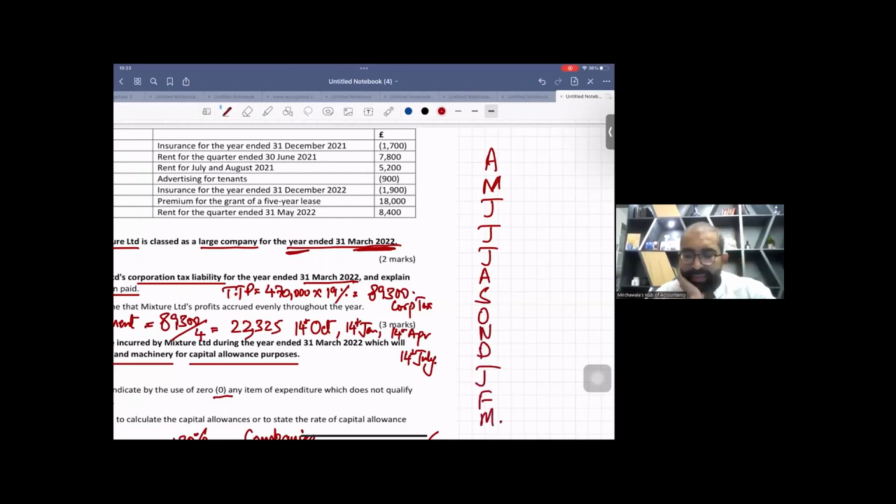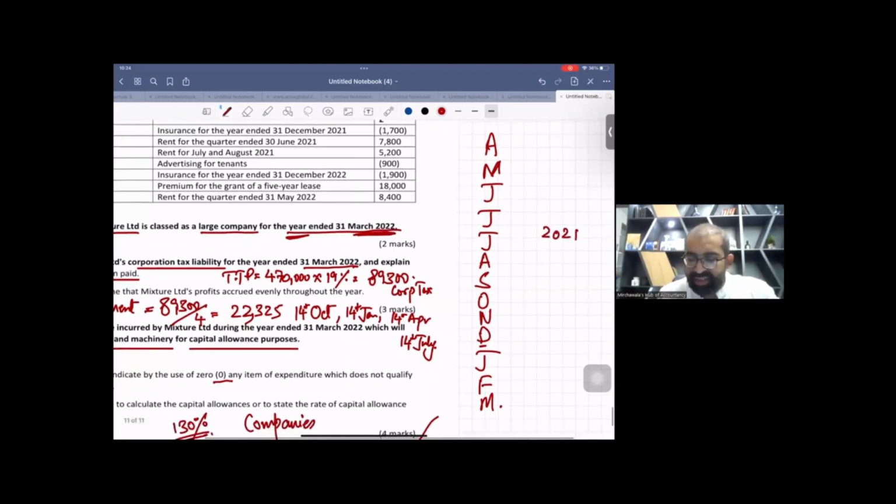This is your 12 months. Till here it's 2021, and then these 3 months are 2022. So 1st April 2021 to 31st March 2022.